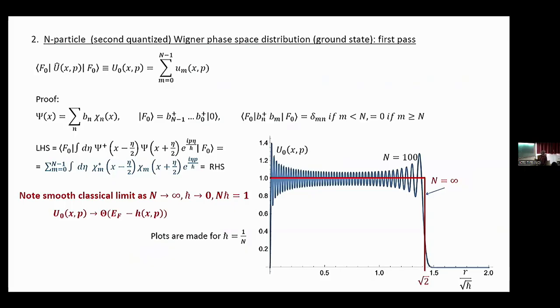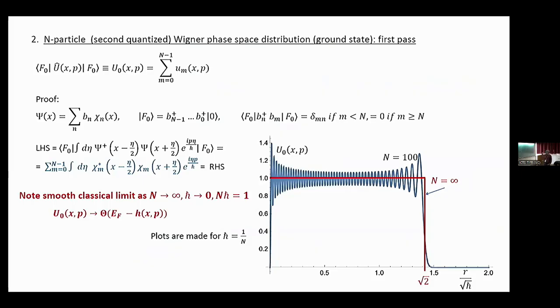And you can show that in the large n limit, so this is a graph, the negativity goes away. In fact, it all sort of crowds around the value 1. So this expectation value here, in the limit of n going to infinity, goes to this theta function.